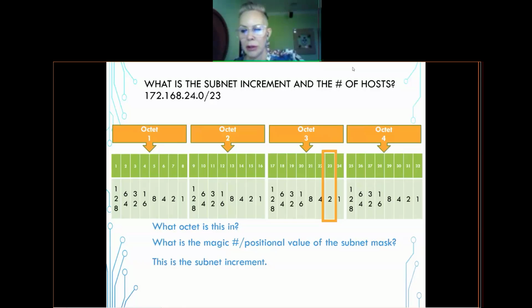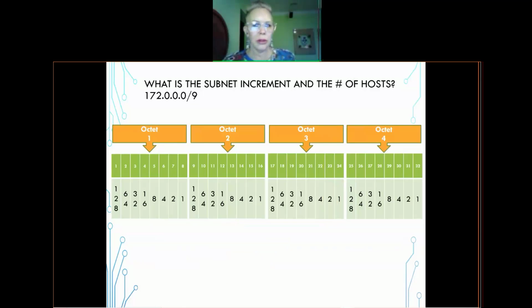So we could look at our little chart, right? 512. Now, how many of those are usable addresses? 510. Exactly right. 510 are usable. I think we already did that one.